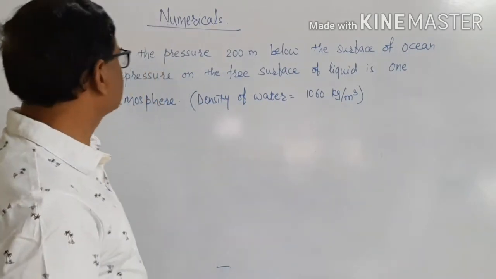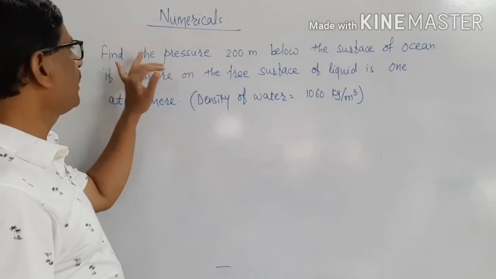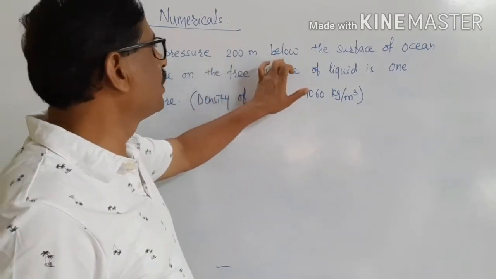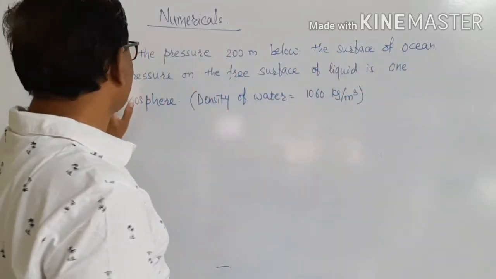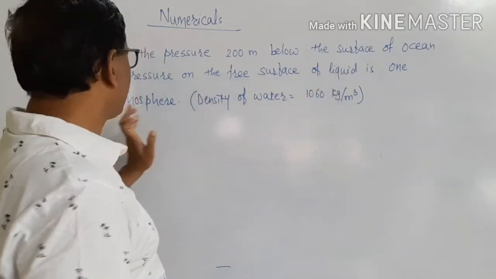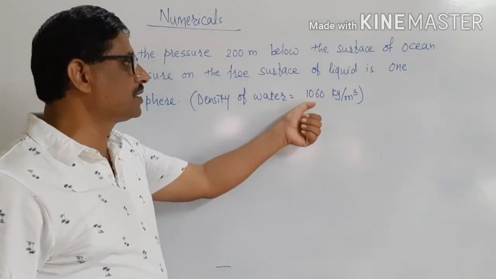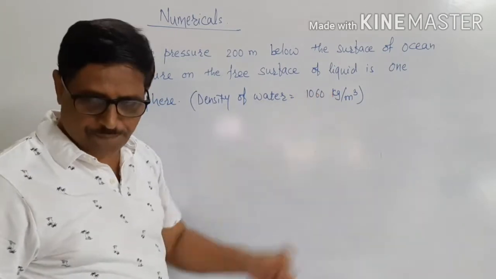Now here the first numerical is: find the pressure 200 meter below the surface of ocean if the pressure on the free surface of a liquid is 1 atmosphere, density of water is 1060 kilogram per meter cube.